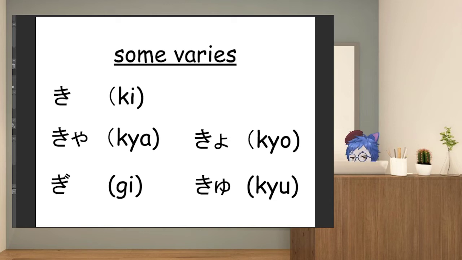For example, if you add a "ya" to "ki", it will be pronounced "kya". There are different forms, and if you look at it, it just adds a small letter, a smaller version of another letter, and yet it becomes a whole new pronunciation. Like "kyo" is totally different. And if you add two little dots to the top, it becomes "gi".